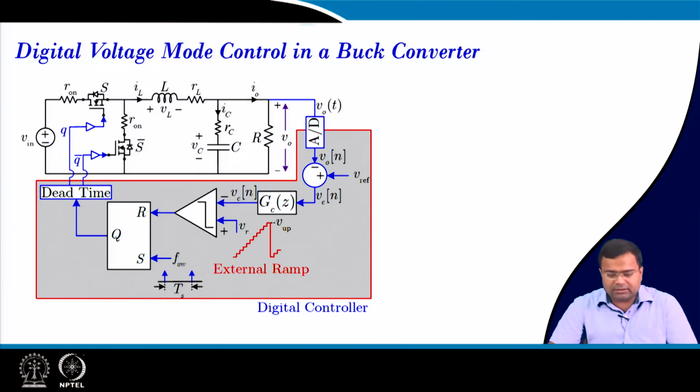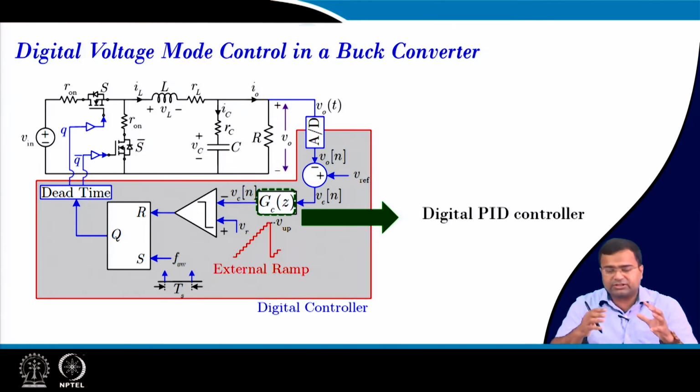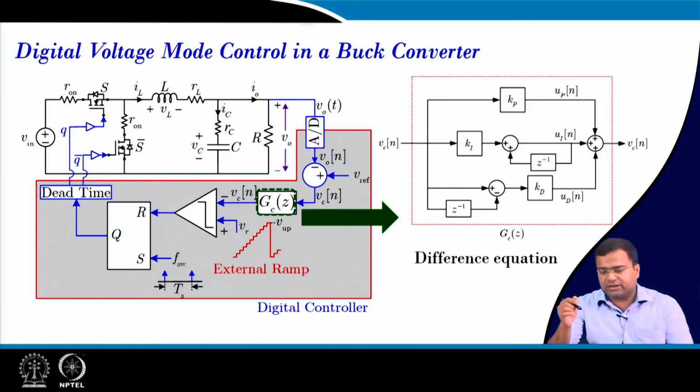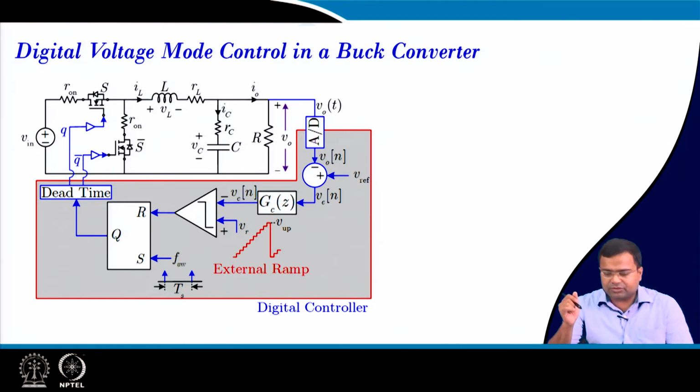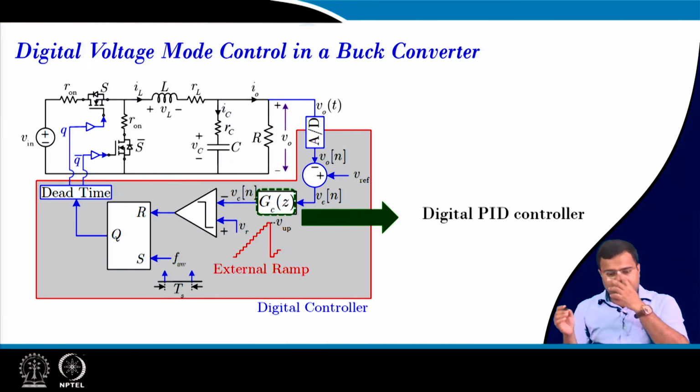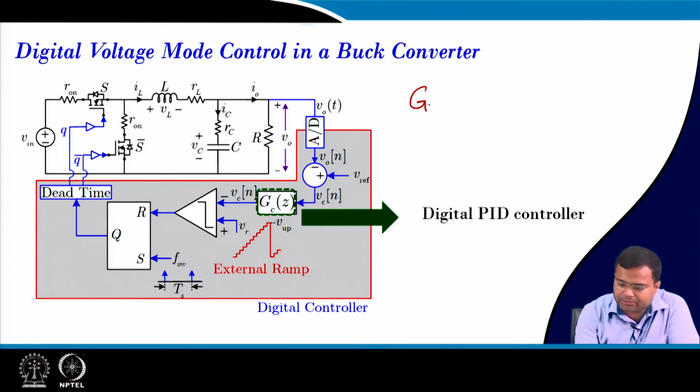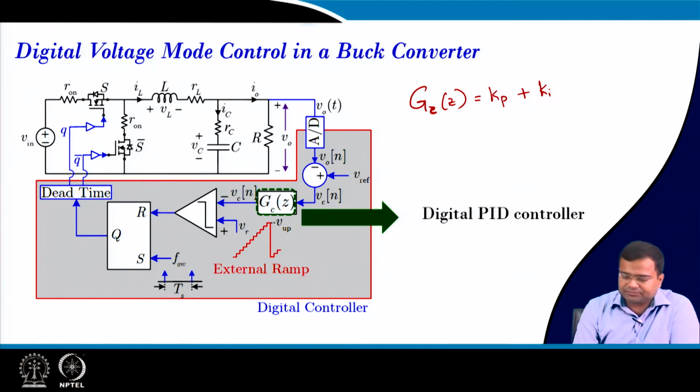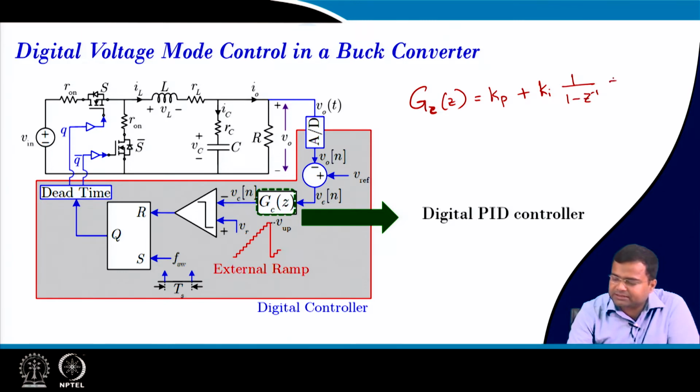Architecture, and what we did in the previous lecture, we considered a digital PID controller. In this PID controller, that means this GC of Z, we have considered proportional control plus the integral control, 1 by 1 minus Z inverse, plus the derivative control, 1 minus Z inverse.